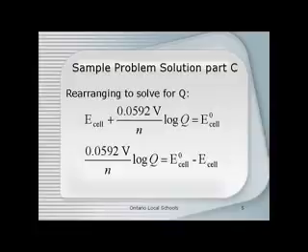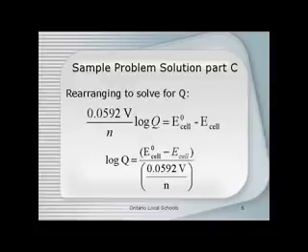Continuing my rearrangement process, I subtract the energy of the cell from both sides, so that on the left side of the equation I have 0.0592 volts divided by n times the log of Q is equal to the energy of the cell under standard conditions minus the energy of the cell, in this case at equilibrium.